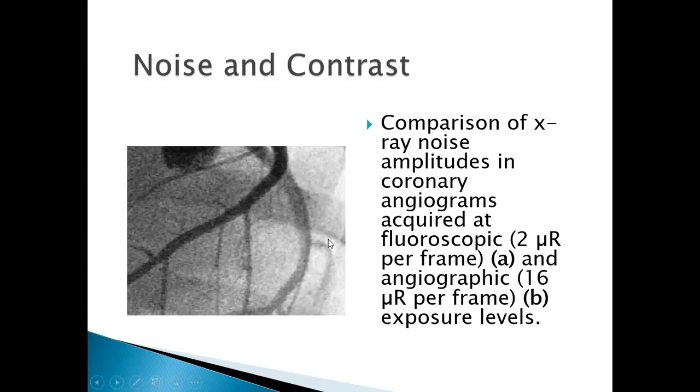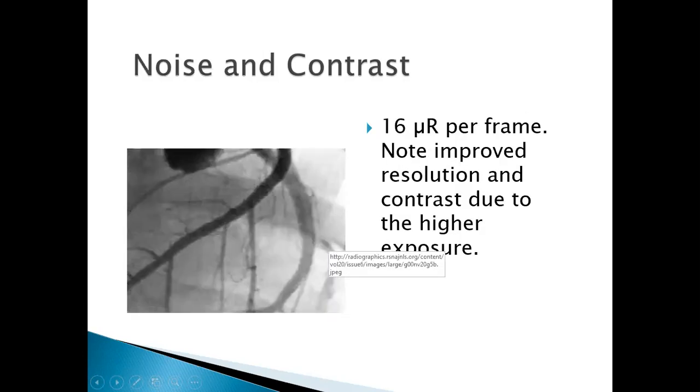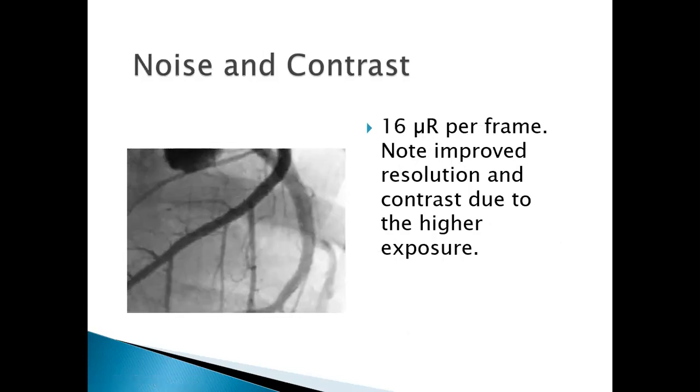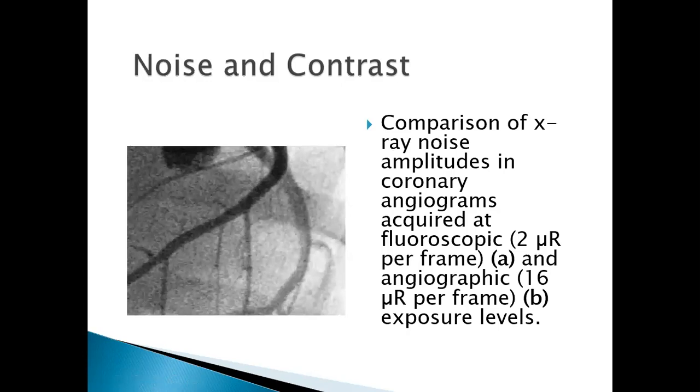You can see the difference. This one, at 2 microroentgen per frame, is very, very grainy. It is grainier than this other one. So the noise at 16 microroentgen per frame is lesser than the noise here.